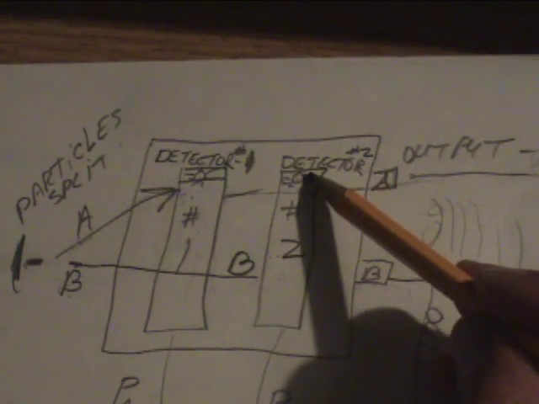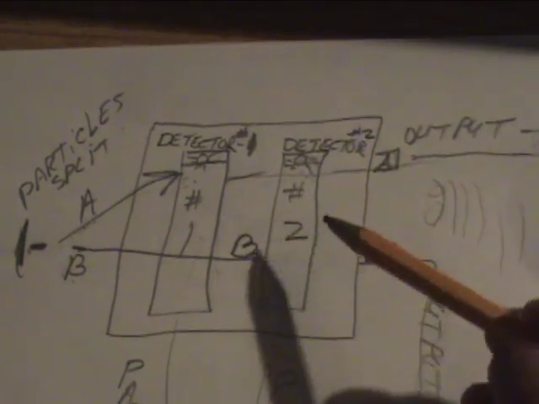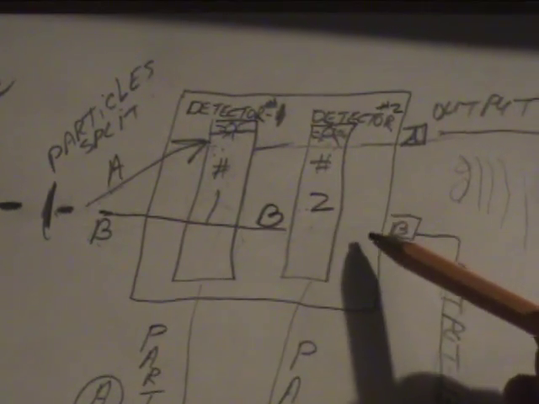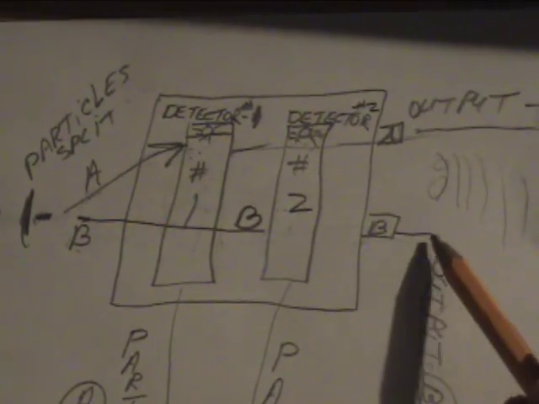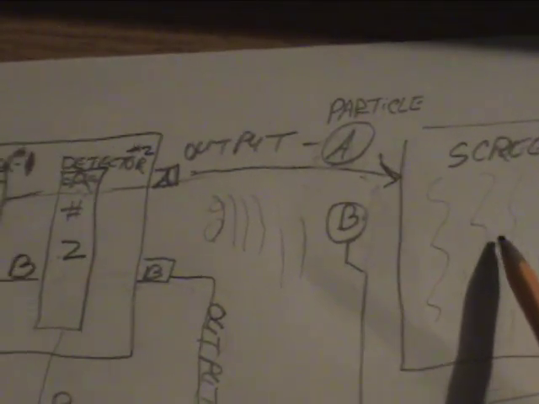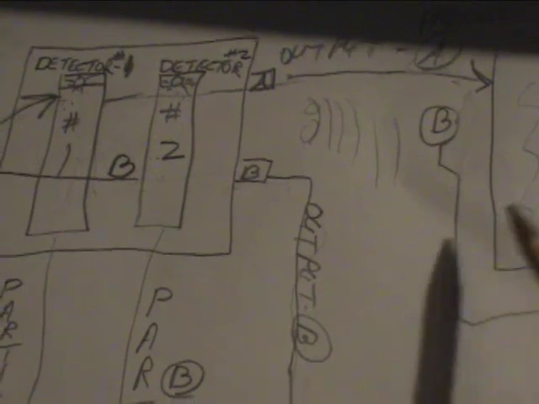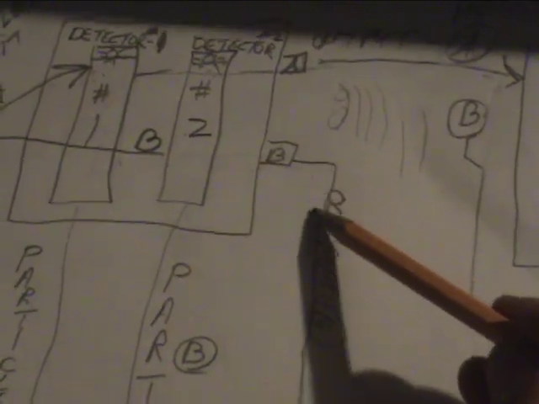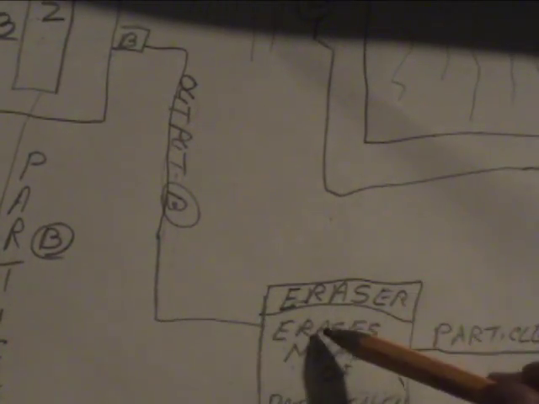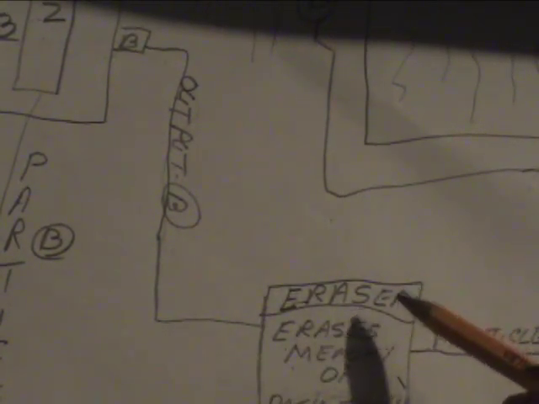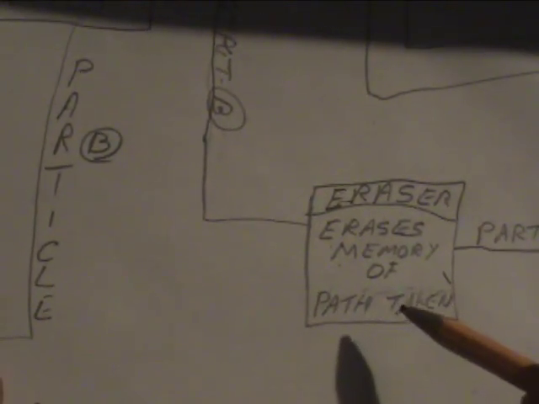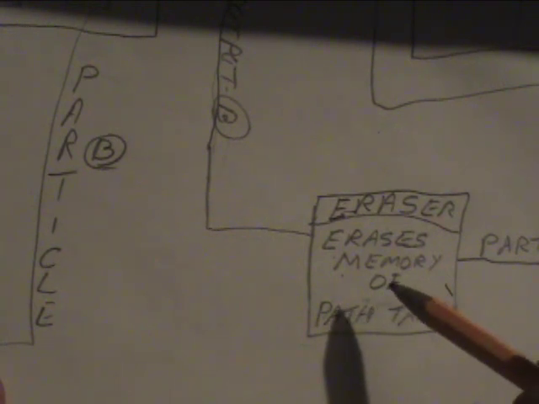It was detected, accounted for, recorded, and then when it came out, instead of going towards the screen and registering right here, it took a different path. Instead it came out here and went into this device, the eraser. And this eraser, basically, erased the memory of the path that it just took.